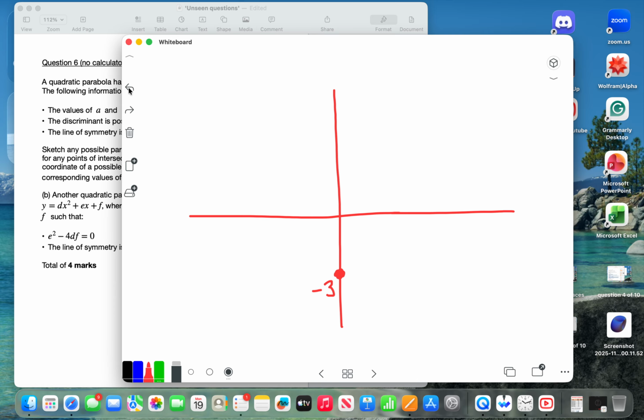So that means that the turning point, the x value of the turning point, has to be on the line of symmetry. Suppose we have the turning point has to be then on x equals 2. So we could either have a minimum or a maximum turning point.